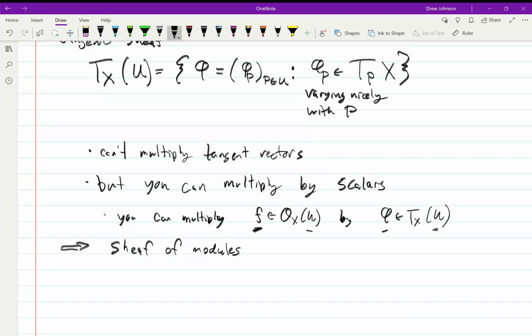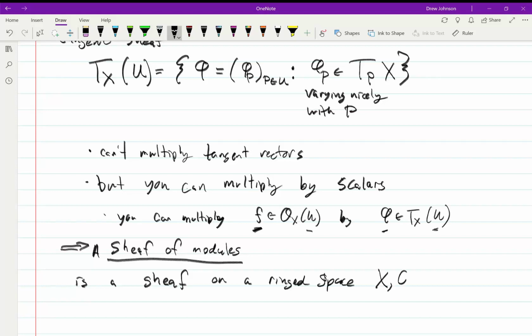All right, so what's the general definition of a sheaf of modules? So a sheaf of modules is a sheaf. So recall our definition of sheaf. Go back and review that if you need to. And it should be on a ring space (X, O_X).